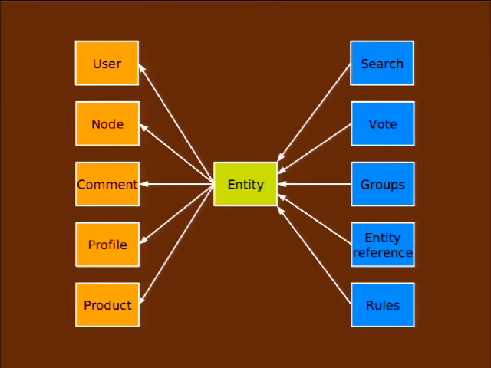All those modules implement something on top of the entity concept, so they work with any kind of entity. And on the left side, you see the implementing modules, which provide data to the system, so they implement an entity type and make it available under the entity concept. And then the nice thing is that as they are entities, they automatically gain all the API and all the solution modules that are out there for entities.